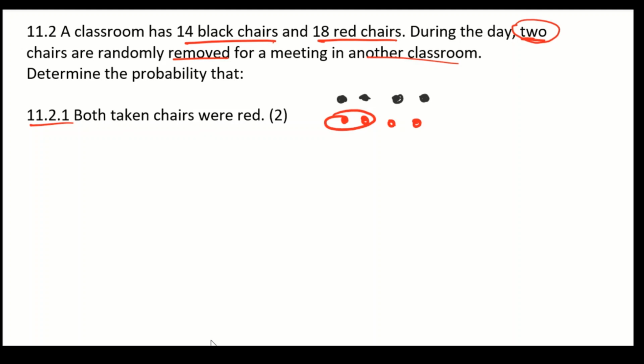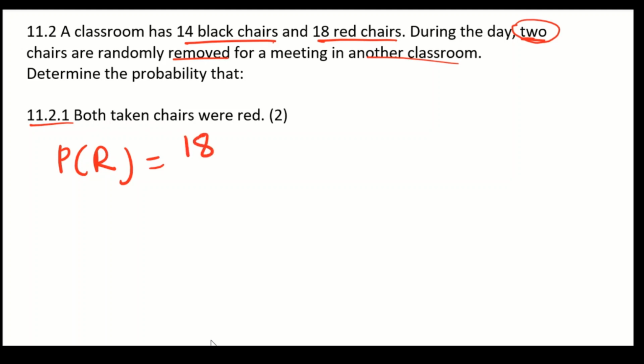So how we can find that, let's try and draw a tree diagram, which would help us. It makes things a bit easier. You can calculate this in your head, but let's just use a tree diagram. Like for example, the probability of red chairs is equal to the total number of red chairs.